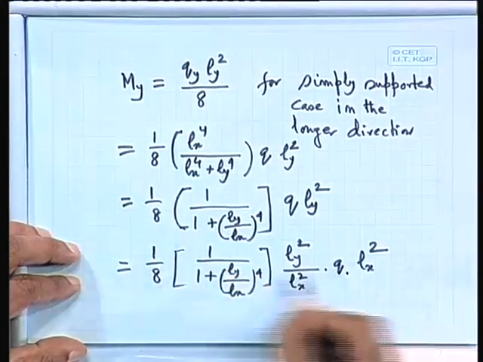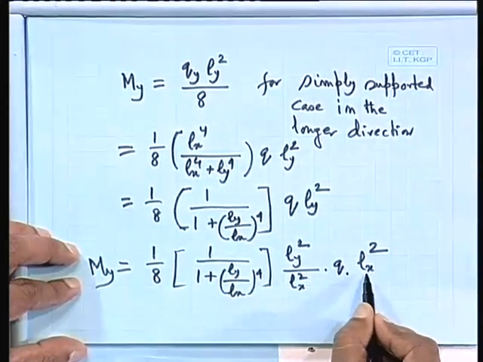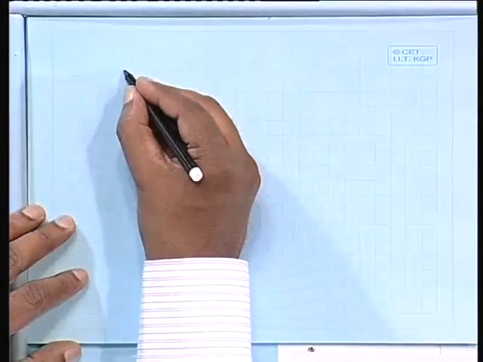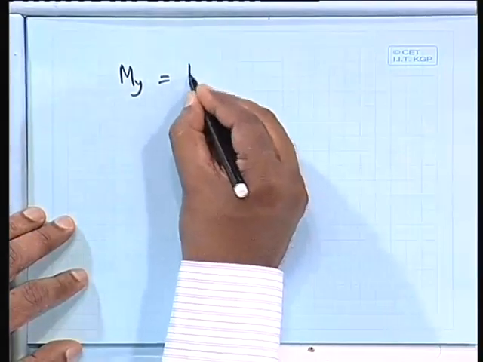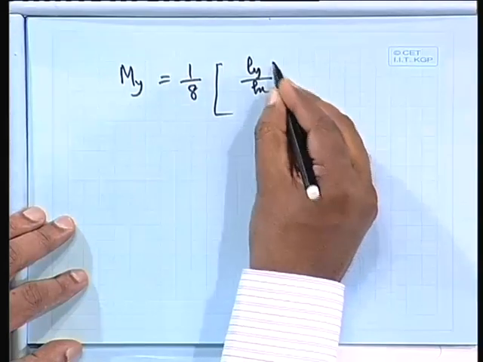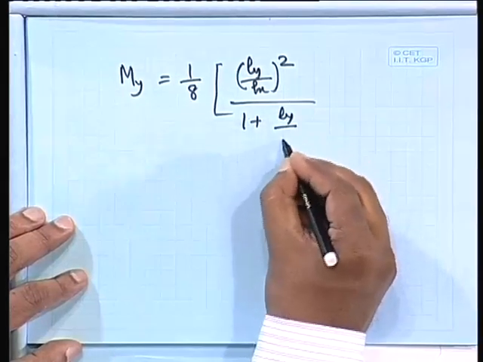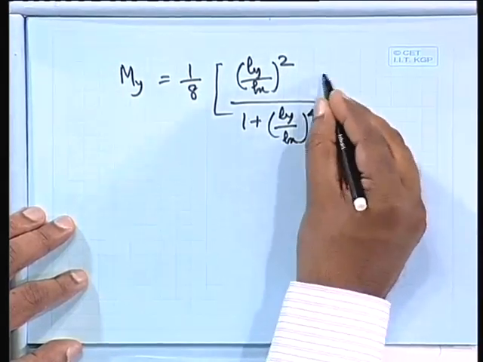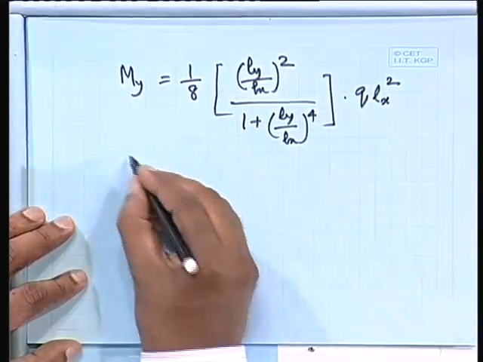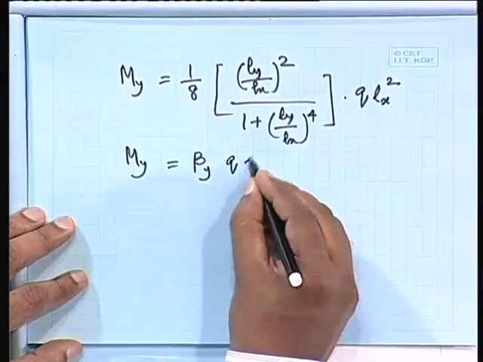So My will be equal to times q L square x. Then we can get My equal to 1 by 8 Ly by Lx whole square divided by 1 plus Ly by Lx to the power 4 times q L square x. So we can write My equal to beta y q L square x.